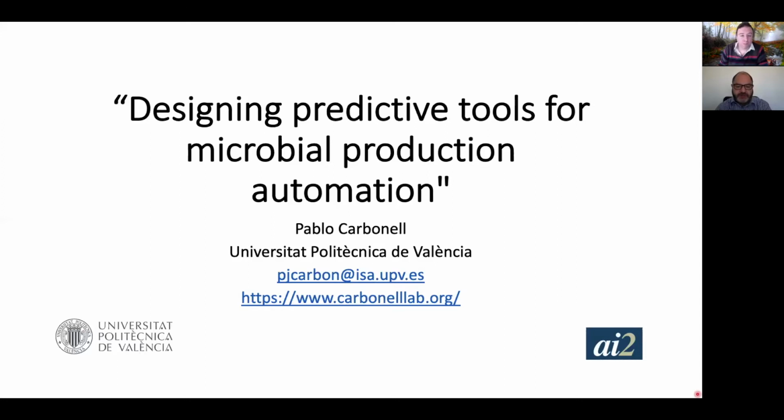As Miguel mentioned, I'm currently located at the Universidad Politécnica de Valencia, where I moved recently, but most of the work that I'm going to present has been developed in collaboration with centers in France at INRA, and also in Manchester at the Manchester Institute of Biotechnology. Okay, so let's start.